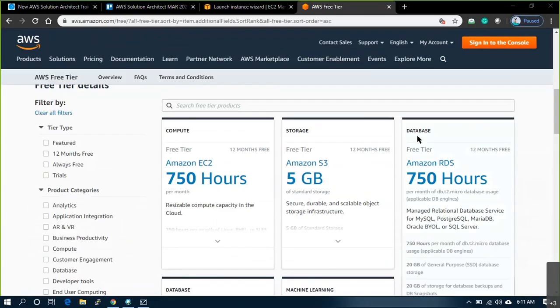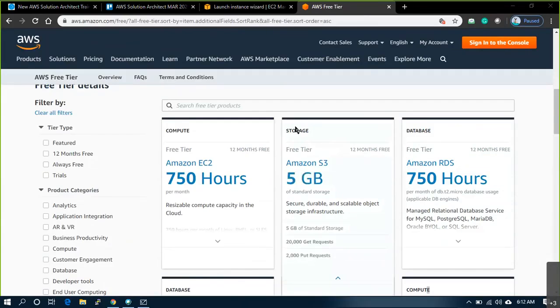Okay, and similarly storage, you can upload up to 5 GB, and 20,000 read requests and 2,000 write requests are free for every month, or it's for a year, I guess. Yeah, it's for a year.